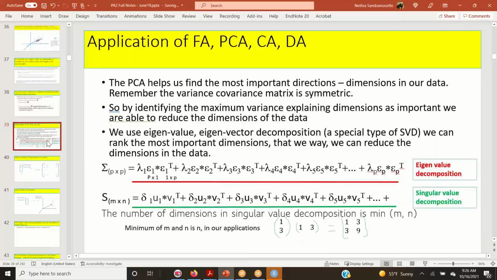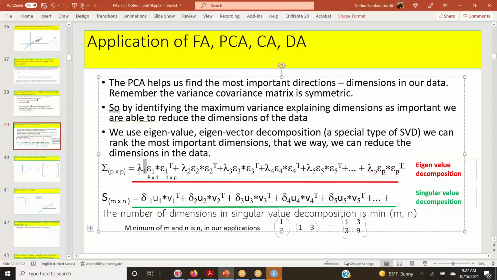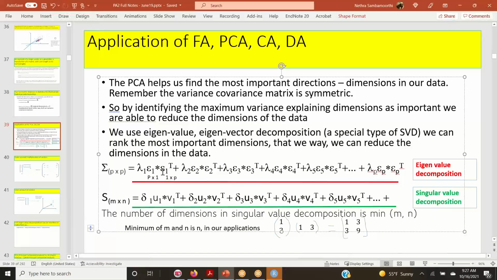But here what we are saying is basically, I'm coming back, two representations of matrices. One is a symmetric matrix. Remember that the variance covariance matrix is symmetric, right? It is weighted outer products of the corresponding eigenvectors.